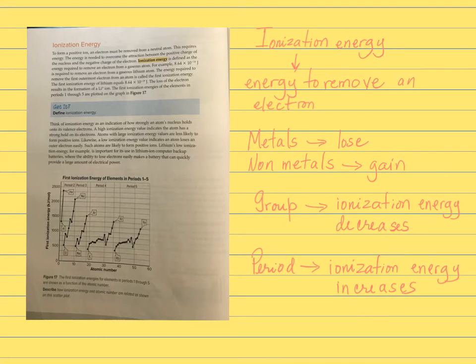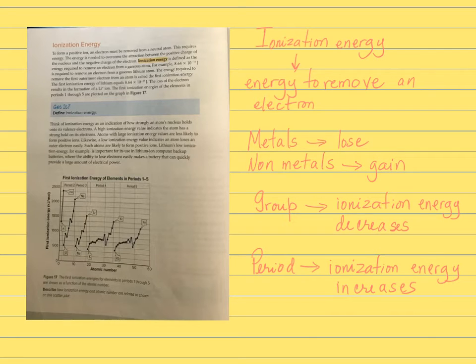Let's say that you want to remove the 7 electrons from the electron cloud around a chlorine atom, and you need a lot of energy. Why do you need a lot of energy? Because remember, the atomic radius is small, all the electrons are attracted to the nucleus, and the nucleus has control over the electrons, so it's going to be very difficult to remove them.